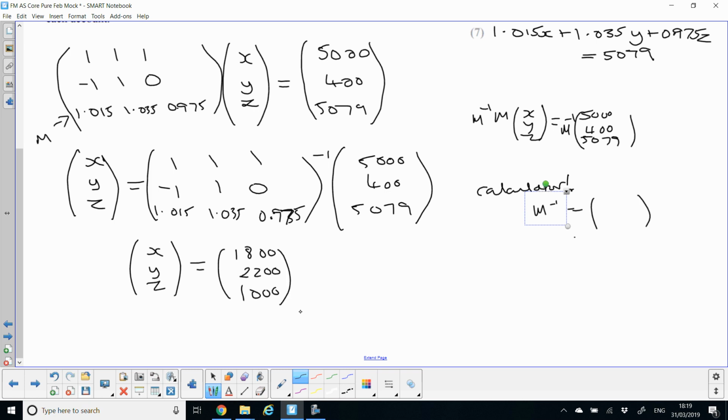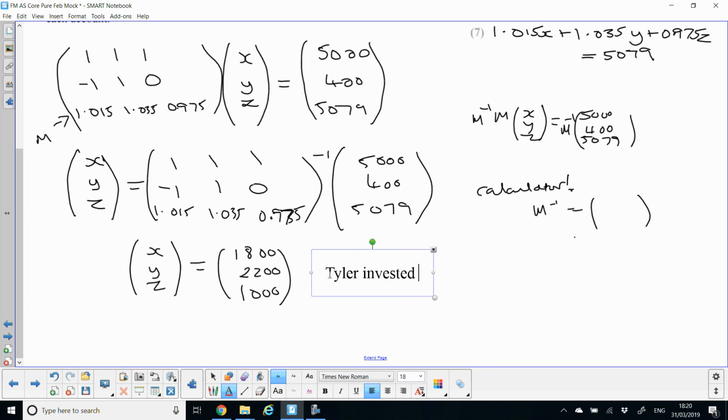But then for the final mark, we do need to put this back into context and write something. So we have to say how much he invested in each account. So the 1,800 was in the savings account, and so on.